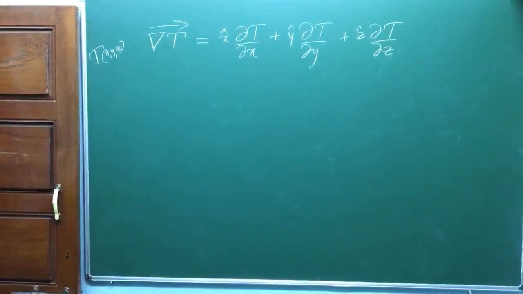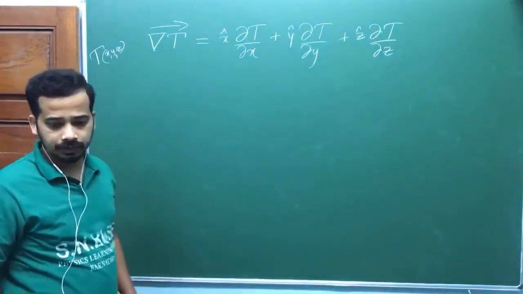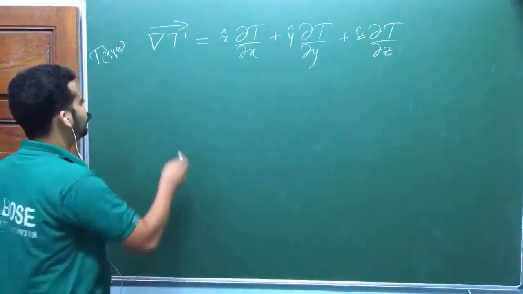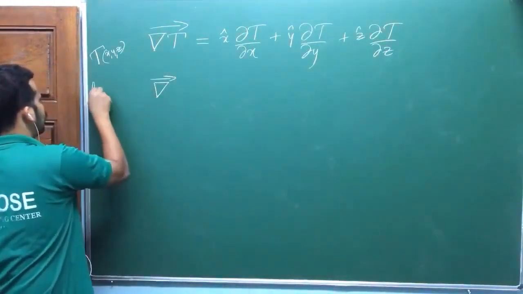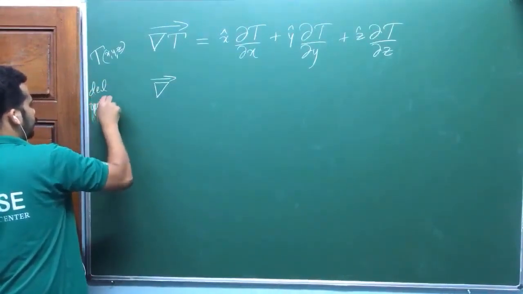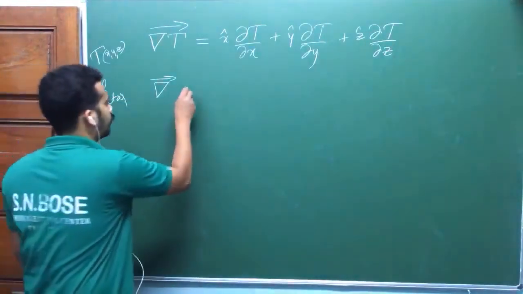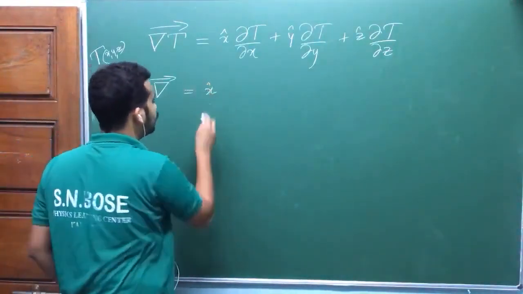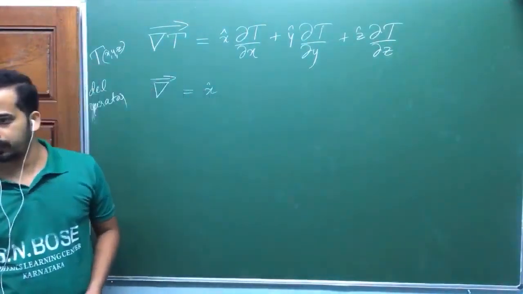Now look at here, after seeing this gradient formula, what we do is we define an operator, the del operator. We call this one the del operator. That del operator we are going to define like this. This is an operator, just like the derivative operator, d by dx, d by dy, okay?